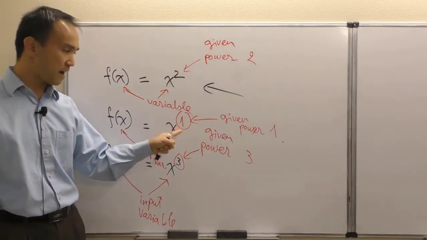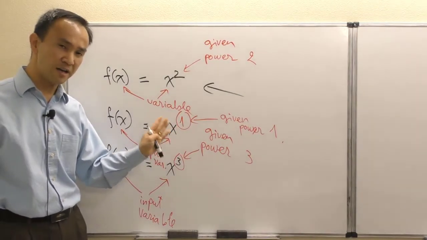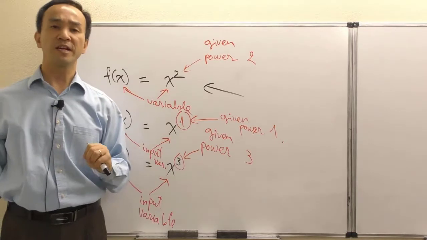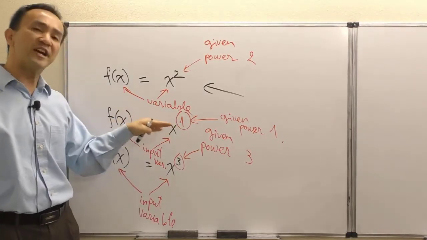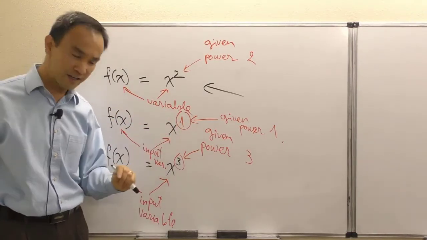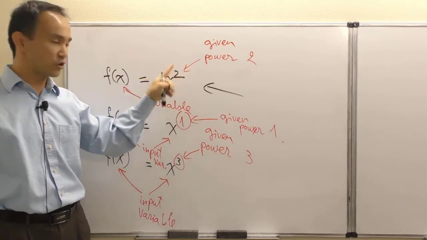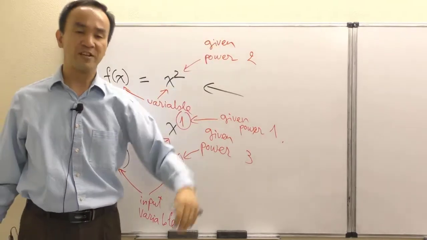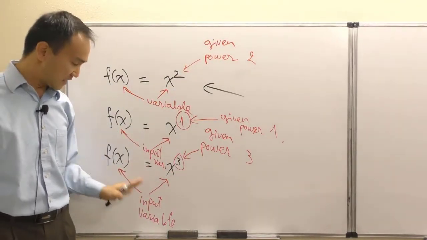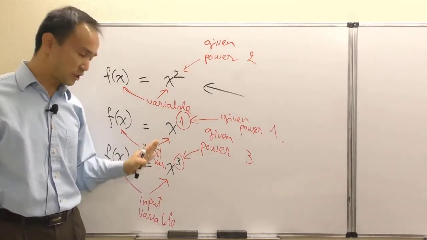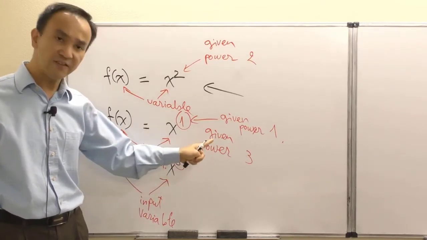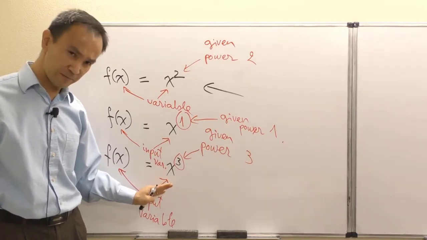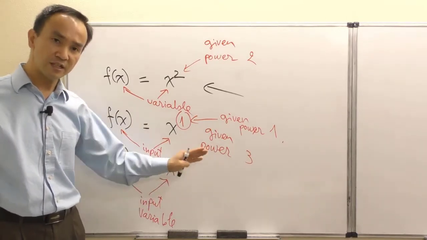Once the power here is given, it stays permanently as part of the rule for this function. As long as you work with that function, we have to raise that to power 1. As long as you work with this x squared function, we have to always raise the inputs to power 2, because the power is part of the rule. And as long as we're working with the simple cubic, the power here is fixed. It stays permanent in this function. Inputs being raised to the third power.